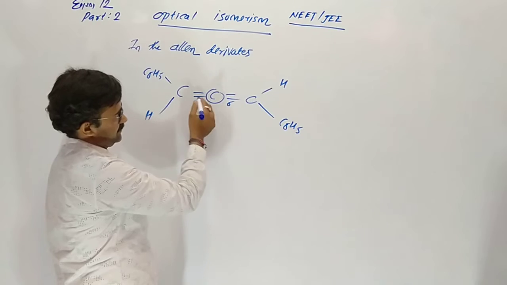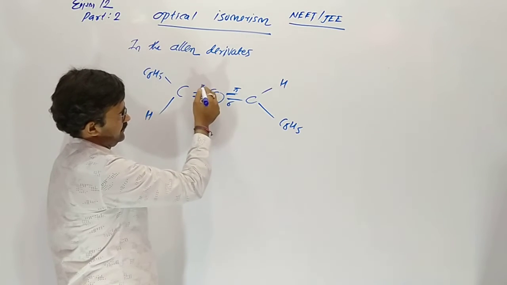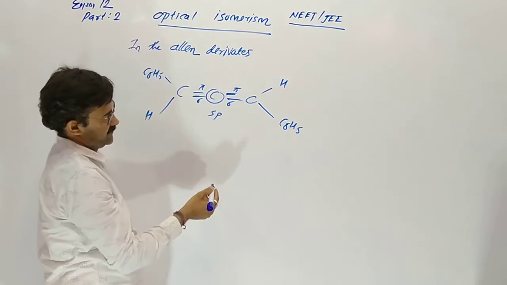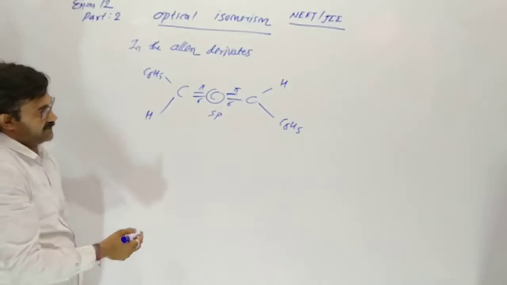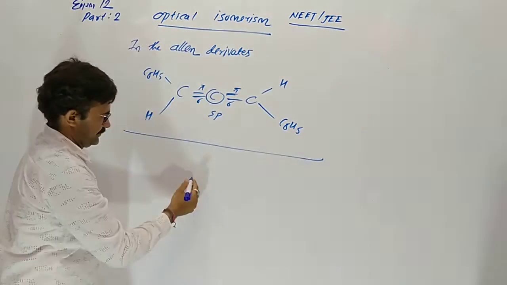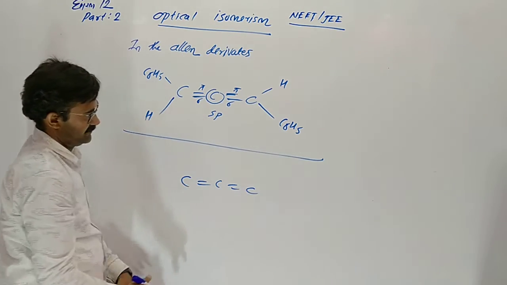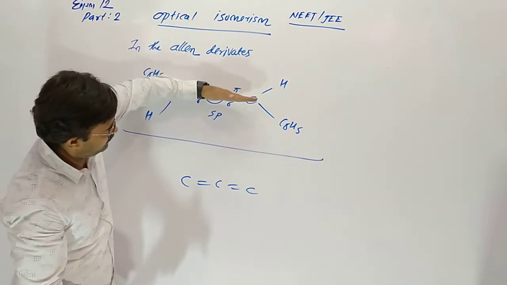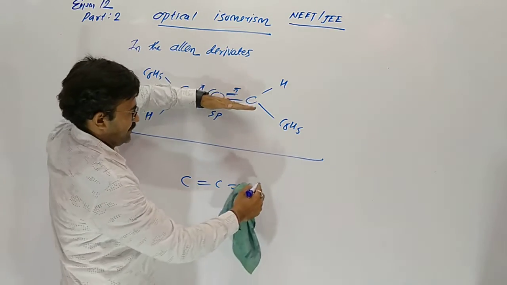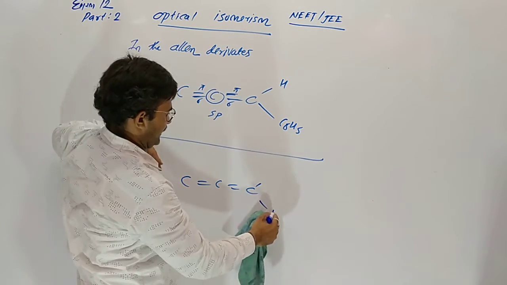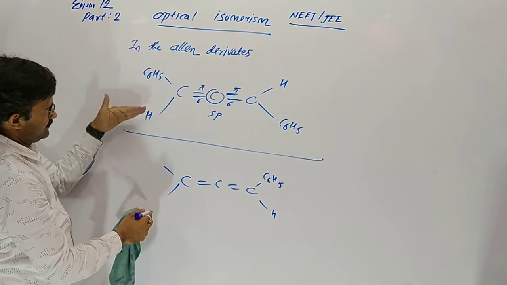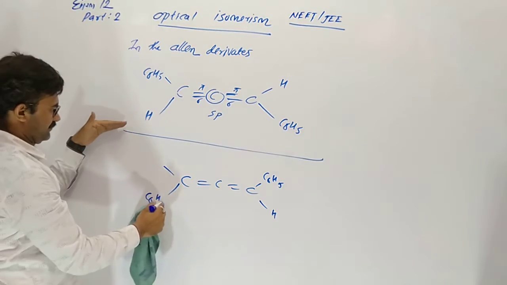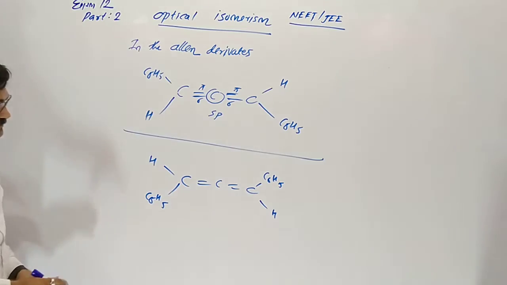Why? There are 2 single bonds, 2 pi. This one possesses sp hybridization, so linear. And the mirror image of it, in the mirror image, this is our plane. Right hand side is now left hand side, left hand side moves onto right hand side.